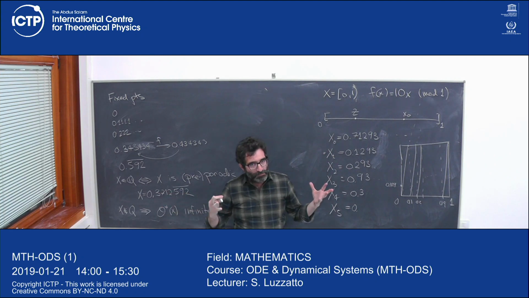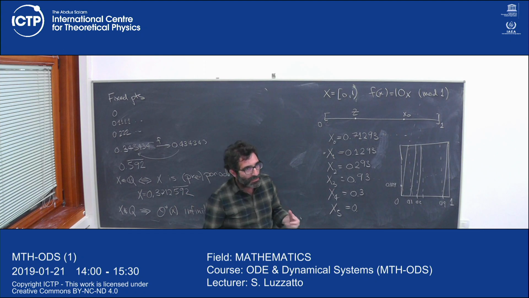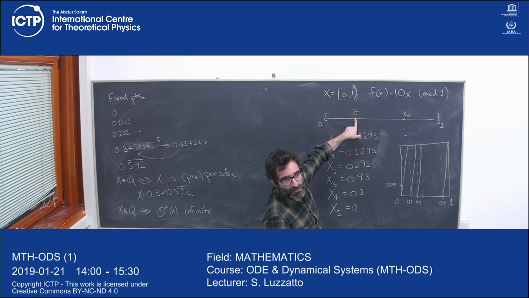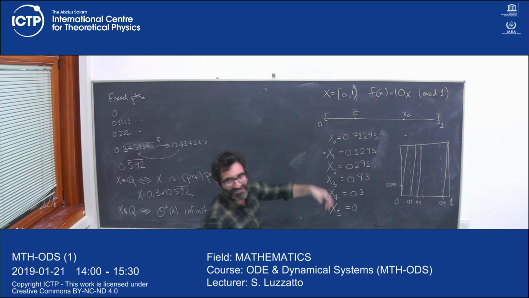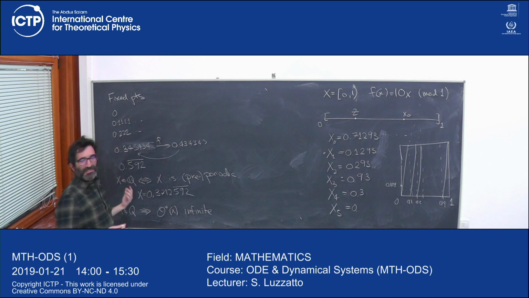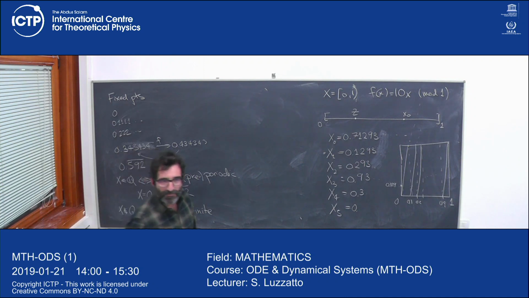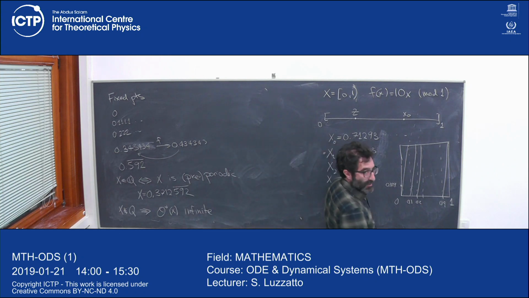To show that the periodic points are dense, we need to say that if it's not rational, then we can find arbitrarily close a periodic point. I guess we've done it because we know that the rationals are dense. But can you give me an argument that does not use this fact? Because we can cut at some point and repeat. Yes, exactly. We can cut arbitrarily far in the decimal expansion.